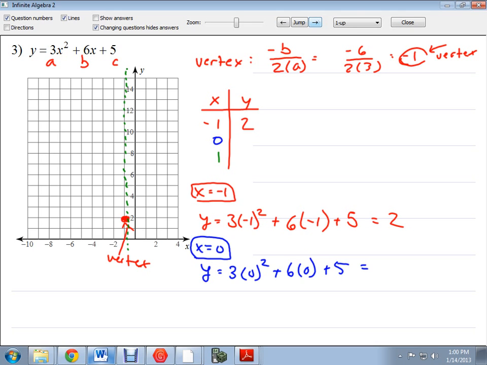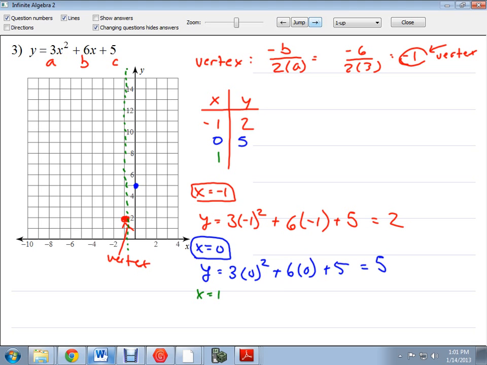What is 6 times 0? Plus 5. Isn't it really easy to plug in 0? So 0 will get me a point at 5. Over 0, up 5. Here's another point that is on my curve here.